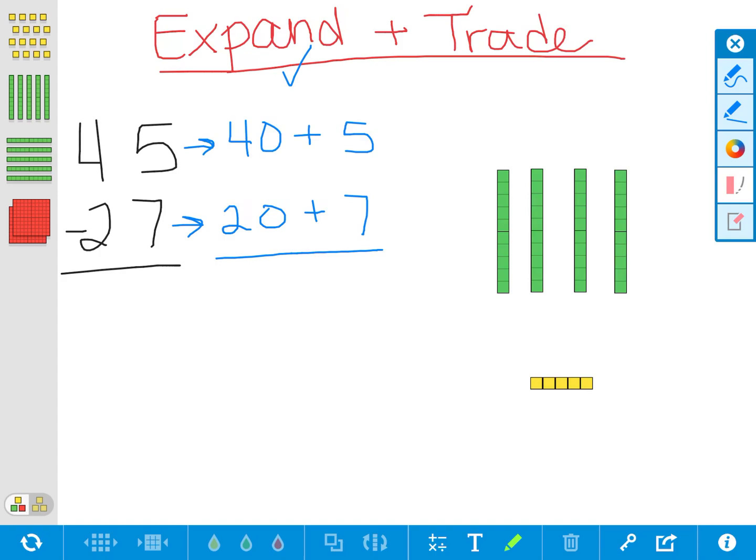Now over on the right, you see that I've used my place value blocks to make the number 45. So here's where the trade comes in. Out of this 40, I'm going to take one of these 10s and I'm going to trade it into 10 ones. So I'm going to go ahead and get rid of this. And I'm going to bring in 10 ones. So let's see. 1, 2, 3, 4, 5.